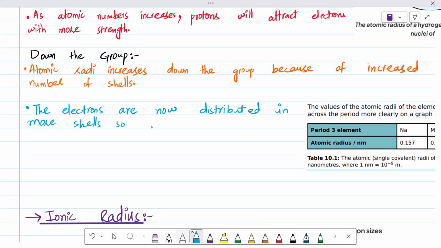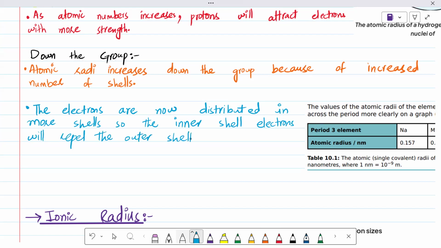So the inner shell electrons will repel the outer shell electrons.